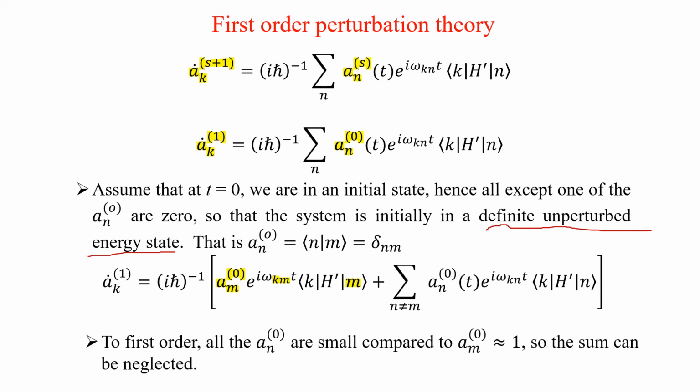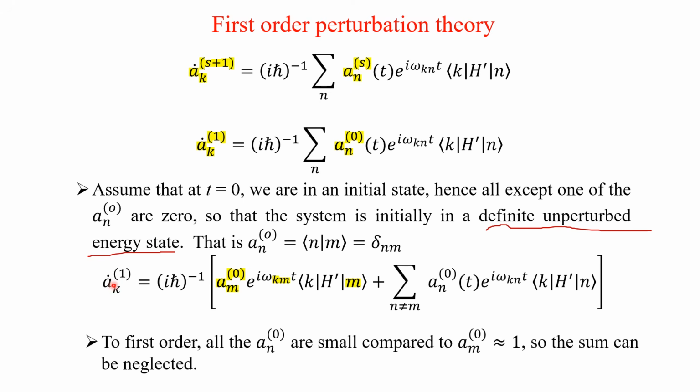Definite unperturbed energy state. So under that condition, only one expansion coefficient exists. That is non-zero value. All others are 0. That is an of 0 is equal to inner product of n with m, which is equal to delta n m. If it is discrete value, it is Kronecker delta. If it is continuous, it is naturally the Dirac delta function.